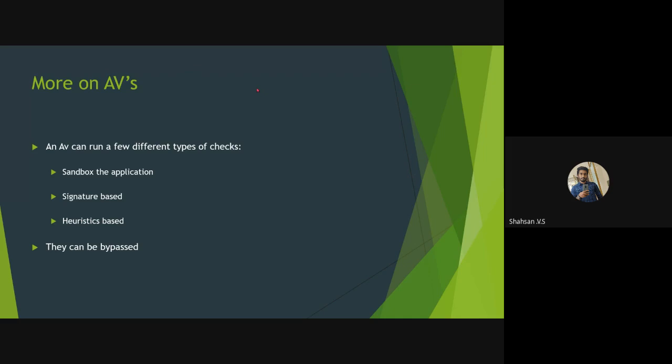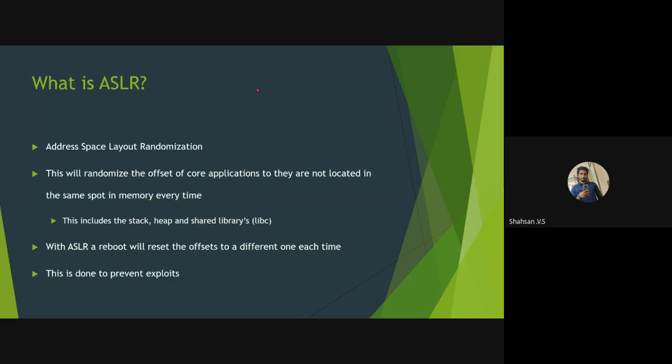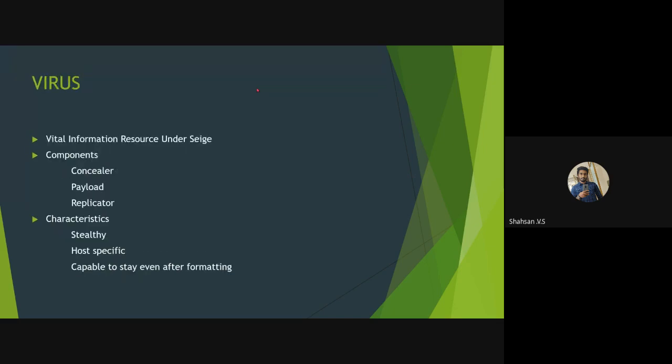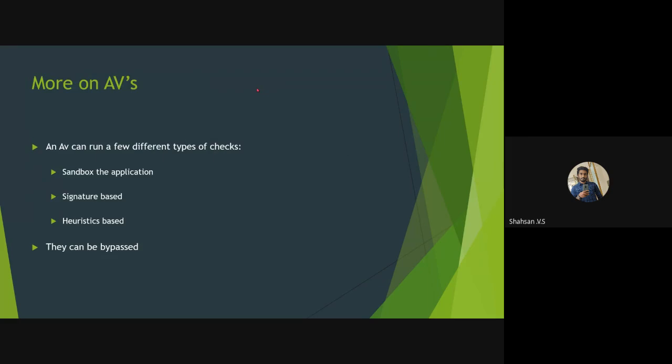Sandboxing means they observe that application in a controlled environment. But even then the AVs can be bypassed, as the concealer component present in the virus won't let the antivirus understand its activity. So that is the case of antivirus.